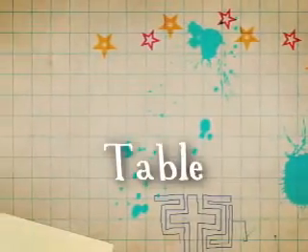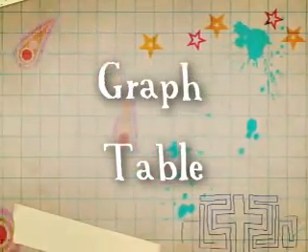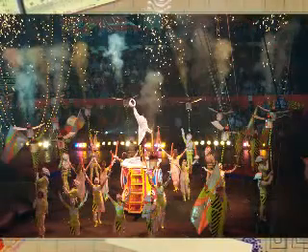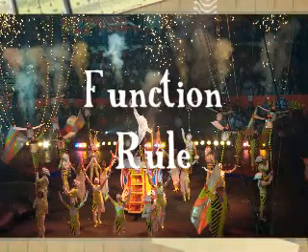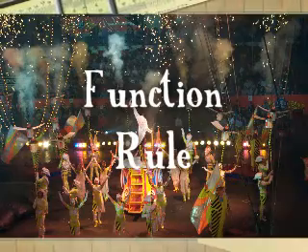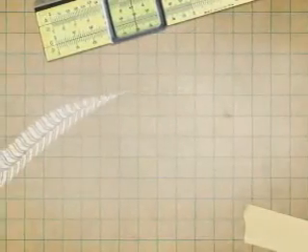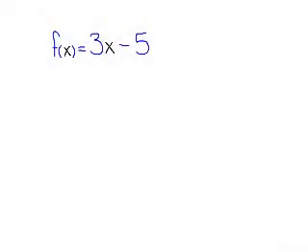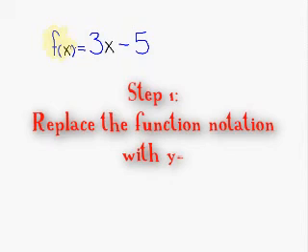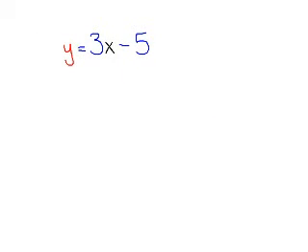We've now looked at inverses when it comes to a table and a graph. For the annoying grand finale, we'll do the inverse of a function rule. Pure math time, baby. Let's do f of x is 3x minus 5. Step 1. Replace the function notation with y. Step 2.